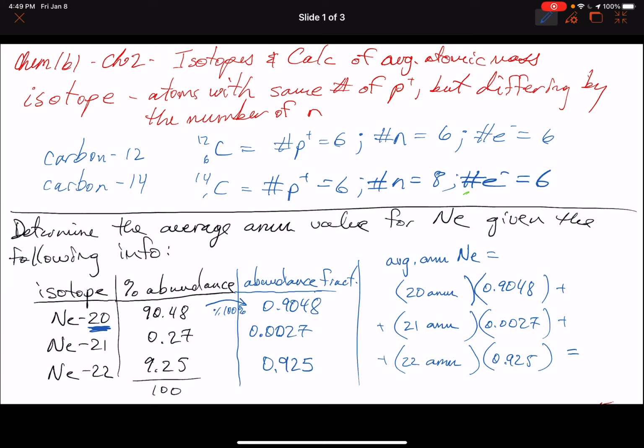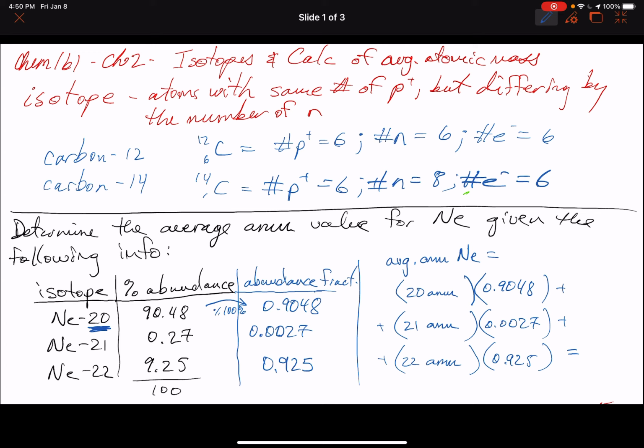So before hammering away on our calculator, we can try to make a prediction. Where should the average value be to try to check our work as we determine that value? Most of the contribution to all the neon comes from the neon 20. Notice the 90.48%. So that is to say almost 90.5% of all neon is the lightest option here.